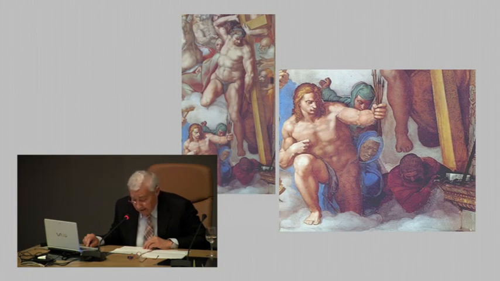Here too, Michelangelo suggests the correct interpretation by painting the image of the Last Judgment as supported by the actual marble cornice of the chapel, as if he were a spectator.